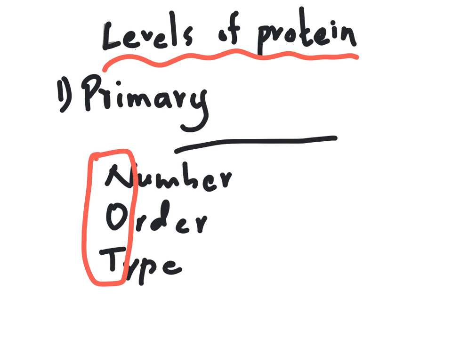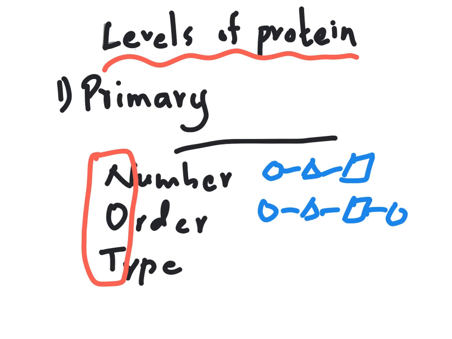Okay, let's see. For example, I'm using very simple symbols to indicate the amino acids. Let's say we have this, we have three types of amino acids here, right? And let's say we have this, so here the number is different, so it's a different polypeptide. Let's say we have this, here the order is different, so that's a different polypeptide.